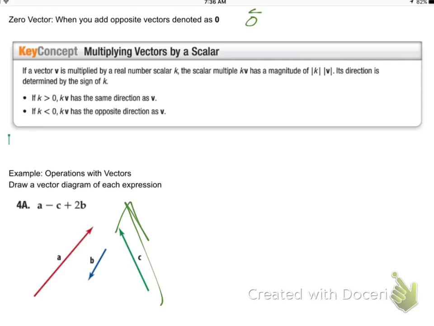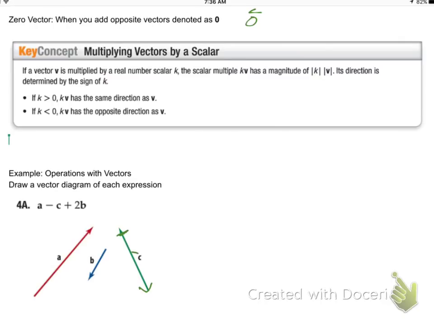No, it means it flips it. Makes c go in the opposite direction. So you'll know then that you have to make something like c opposite. And it's a really bad c representation, right? But you guys get the picture. It's going the other way. Or if you like this better, go that way. Cut that off. Make it go the other way. It's opposite of c.